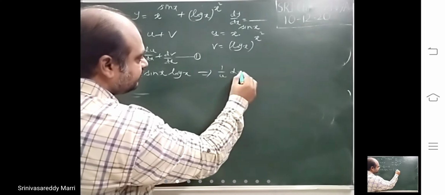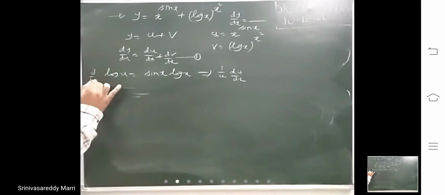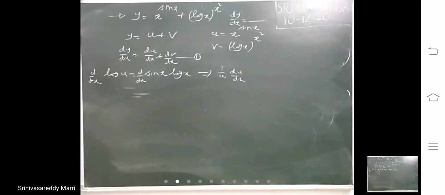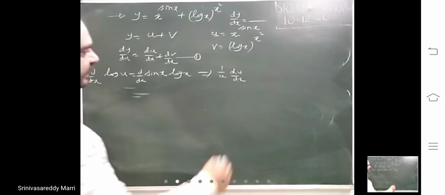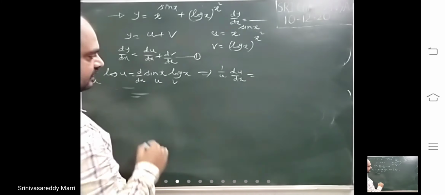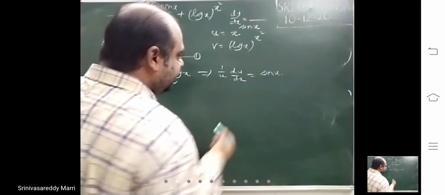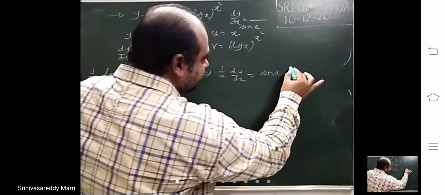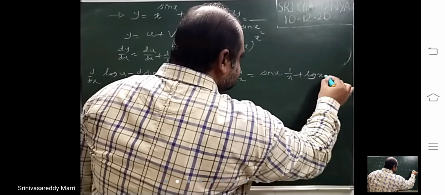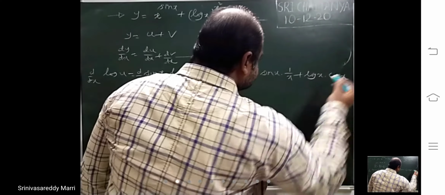That means 1 by u into du by dx equals sin x into the derivative of log x, which is 1 by x, plus log x into the derivative of sin x, which is cos x.